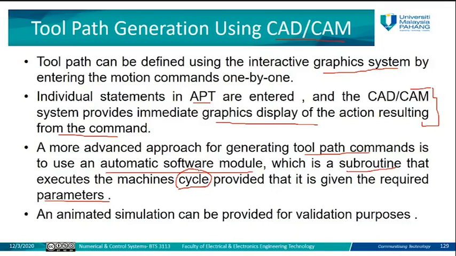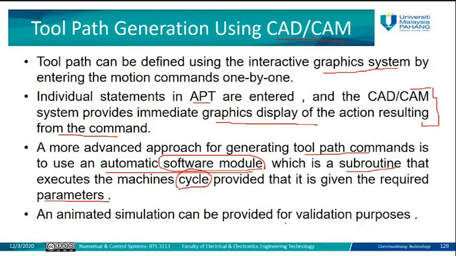In the case of CAD and CAM, it has some modules or software or libraries which help the CNC machine select the suitable cycle and the suitable subroutines to perform the tool selection, and also to optimize the different parameters to produce this product.